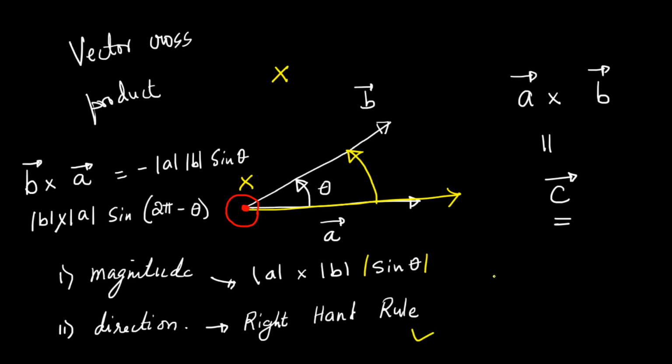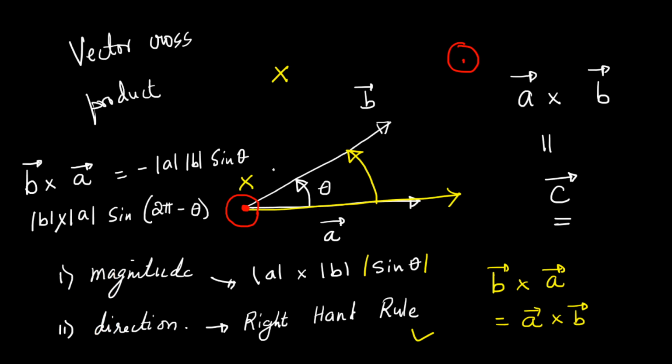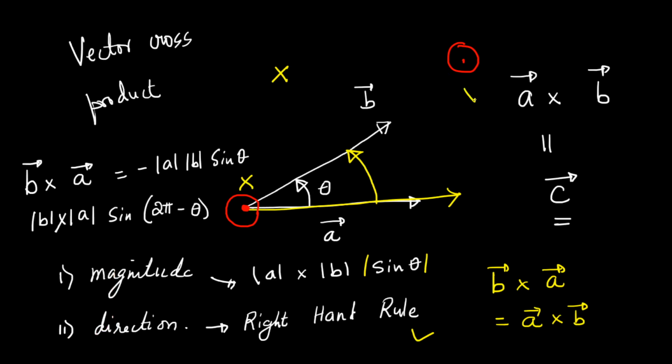So if I do B cross A, the magnitude is the same, but the direction is opposite of A cross B. In this case A cross B is out of the plane of the paper, and B cross A, which is of the same magnitude, is into the plane of the paper, which I'm going to show like this.